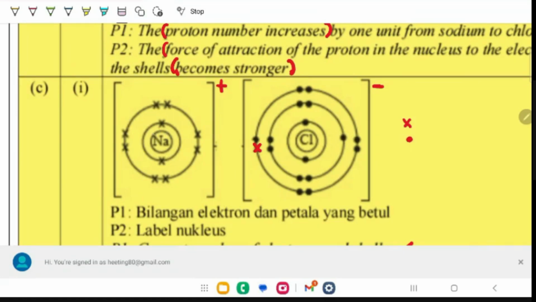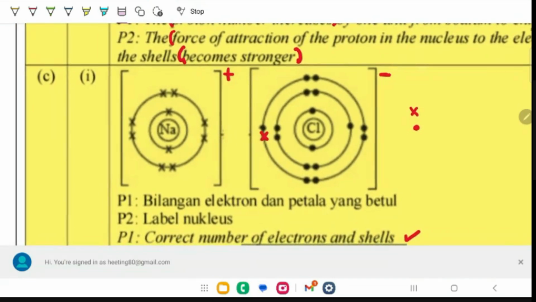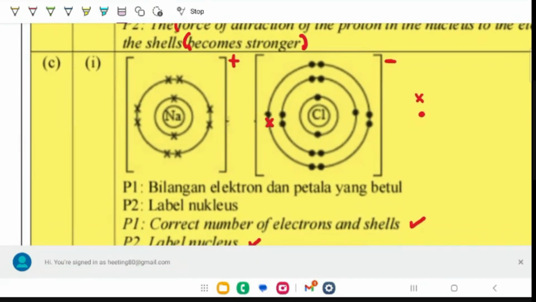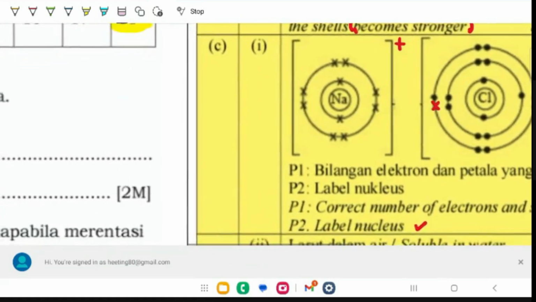Meaning the first shell there is for the nucleus. This is for the nucleus, so don't draw electrons at the first shell there. Okay? Then label the nucleus. This one is also very popular, very simple, but very popular in the SPM.